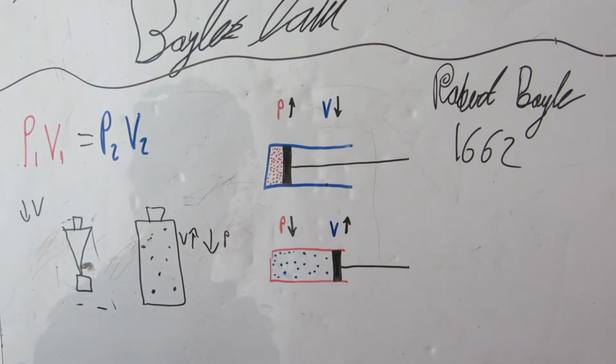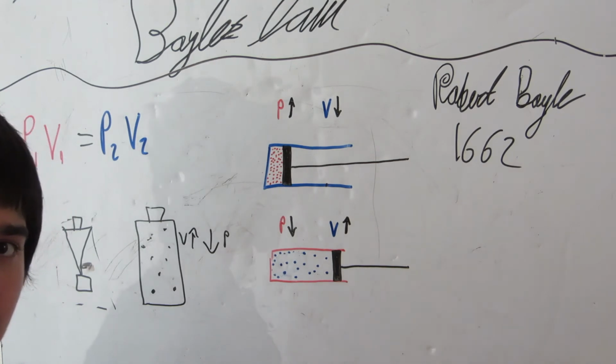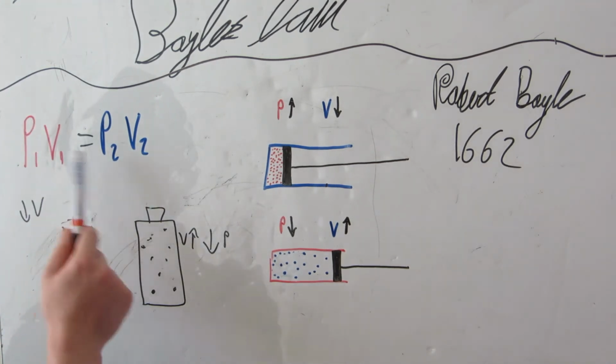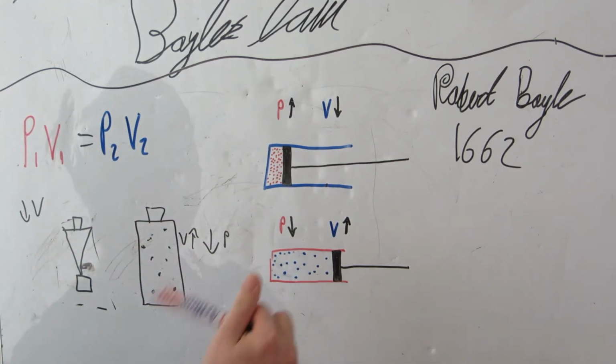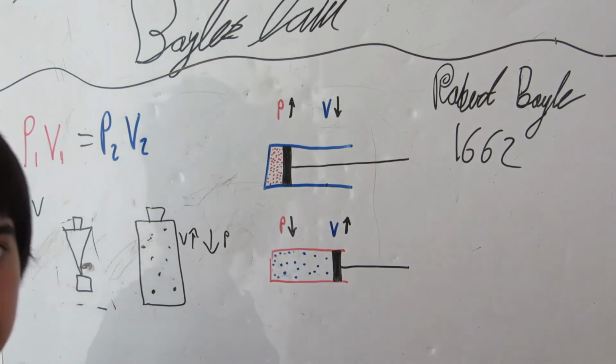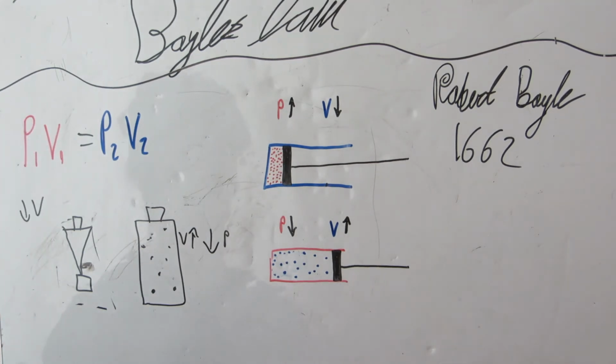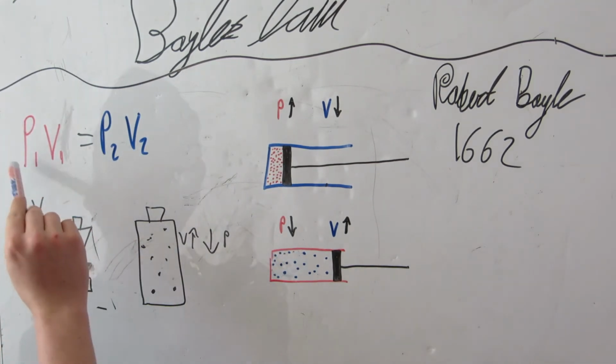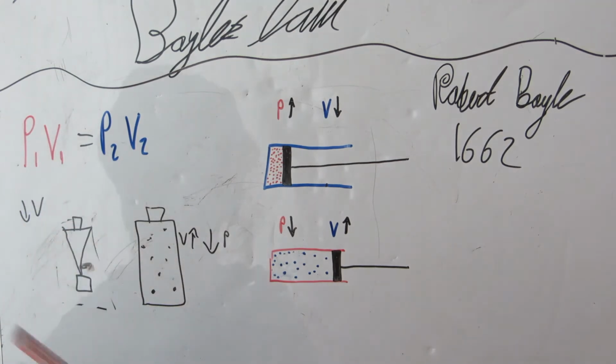If we take a container and we want to know the pressure, we plug in the data from before pressurizing the container, and after it we don't know the pressure that is inside. We take the old data and plug it in P1. P1 is always the first pressure that we started with. P2 is the second pressure that we're presented with.